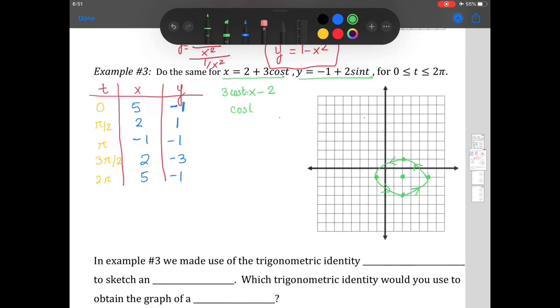So can I say cosine t is equal to x minus 2 over 3? Right? Similarly, I'm going to find my sine t. So if we do that, sine t is equal to what? y plus 1 over 2, right?